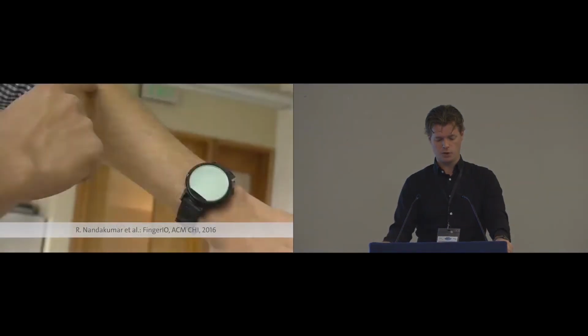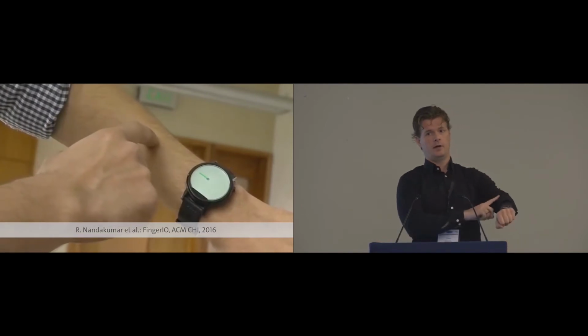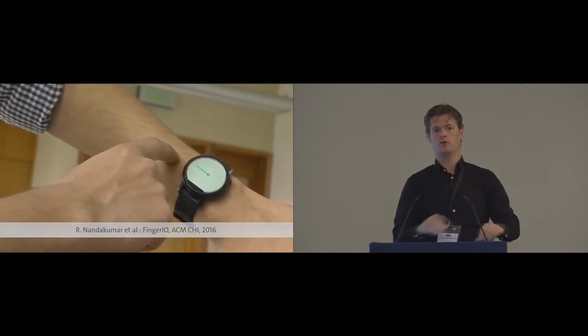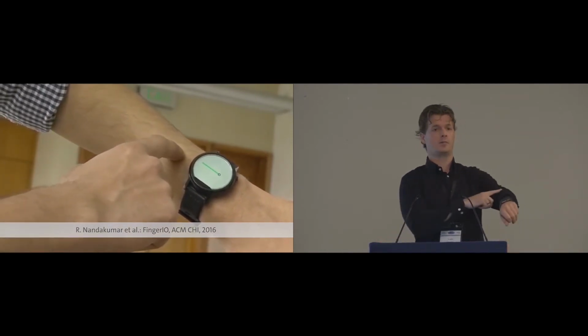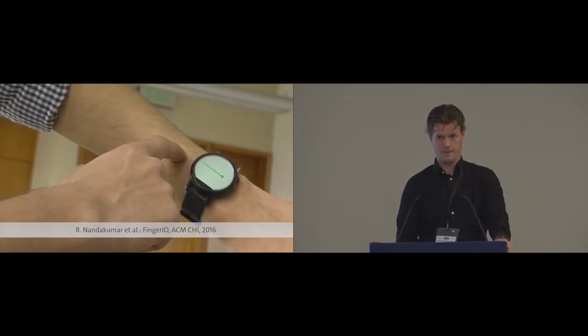Here is an interesting work presented at the CHI conference last year by Desney Tan's group from Microsoft Research, called Finger.io. The idea is to use sonar technology, which is built into your smartphone or your watch, in order to detect the position of your finger, for example, on your skin or somewhere else.